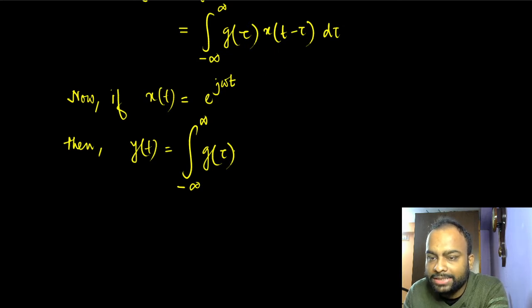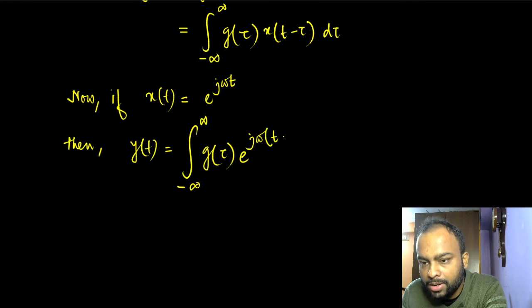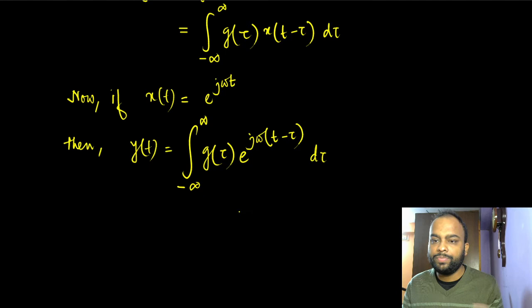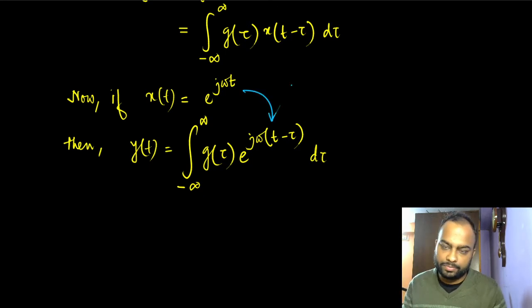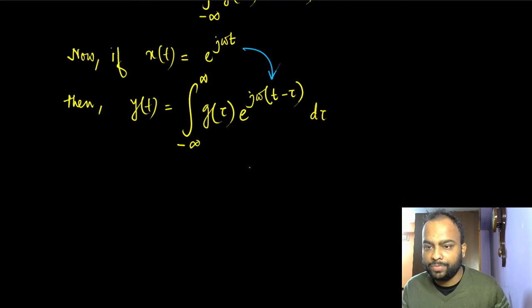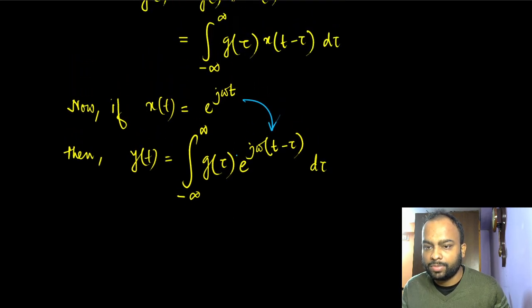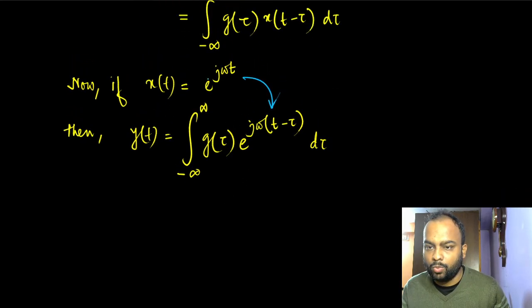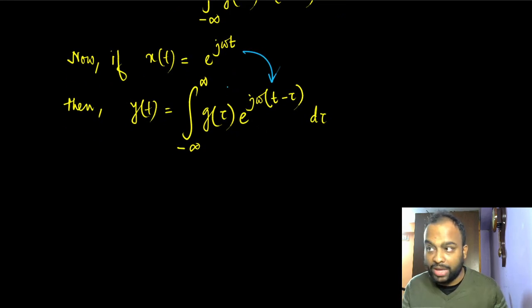So x(t minus tau) would be e to the power j omega times (t minus tau). This is derived very easily, right? We are just replacing x(t minus tau) with the proper expression here, because this is the signal we have assumed. And why exactly I have assumed this kind of a signal, I'm going to explain shortly.